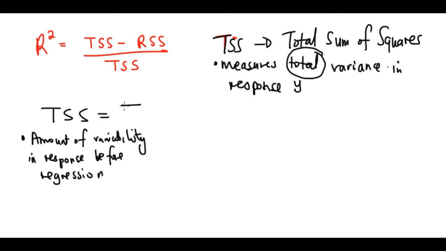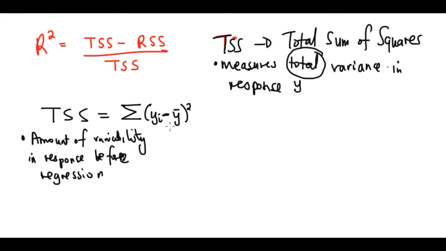It is a summation of yi minus the mean of y, squared, like that. That is the equation for TSS. So it is the amount of variability in the response before we even do the regression. Before we do the regression, what is the variability in our data? Since we haven't done the regression, there's no prediction to subtract from. So we subtract from the mean of our values, right?